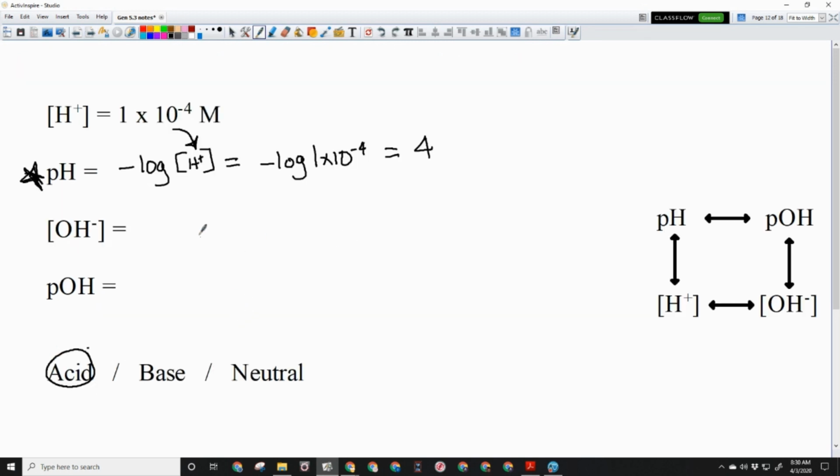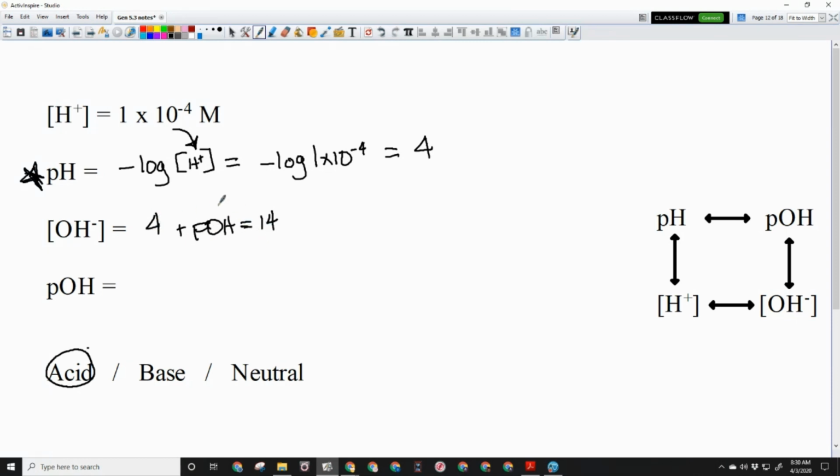So pH plus pOH is equal to 14. Well, if I have the pH equal to 4, 4 plus some number is equal to 14.